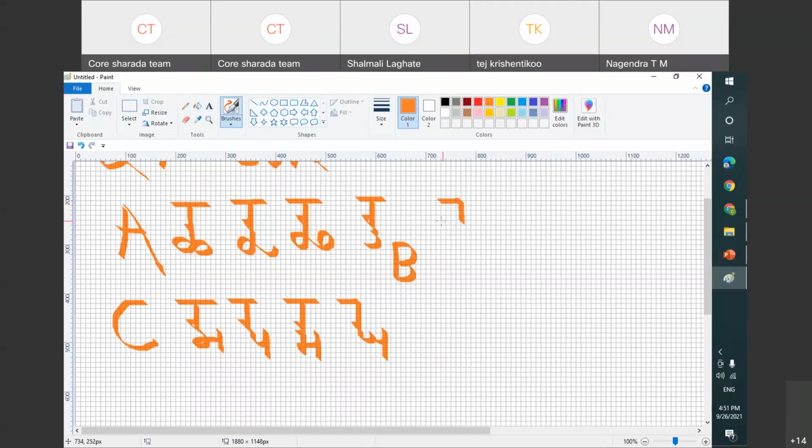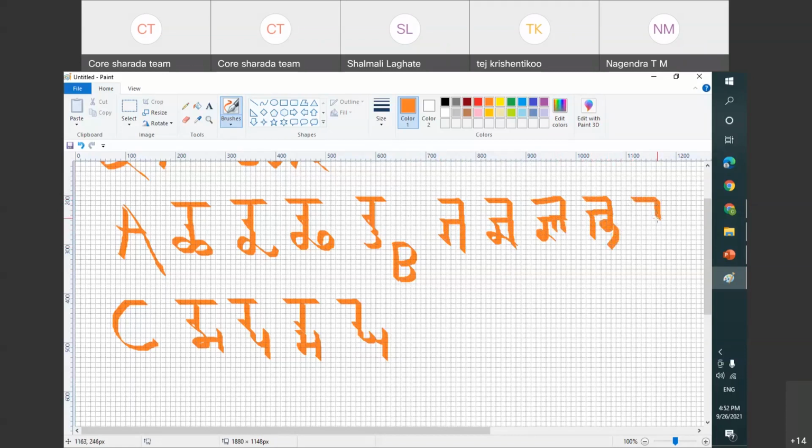It is like this. R, G, R, Ch, R, J. Then R, Ñ.